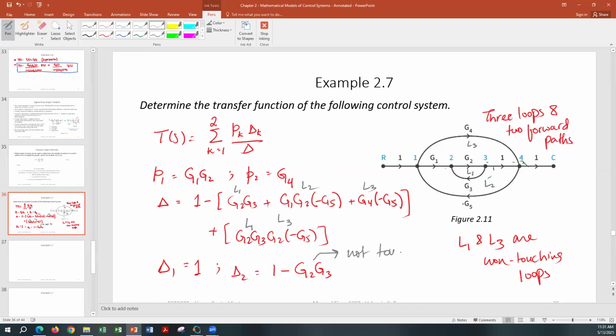Not touching the second forward path, which is L1. This is L1.